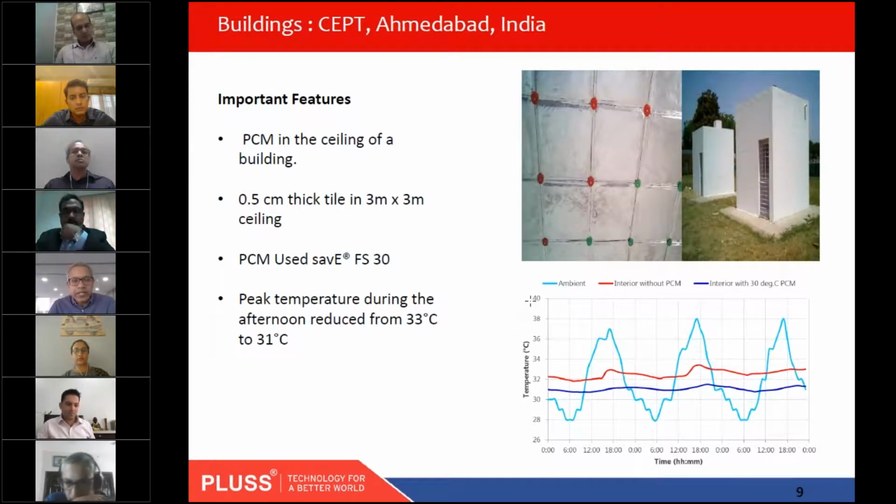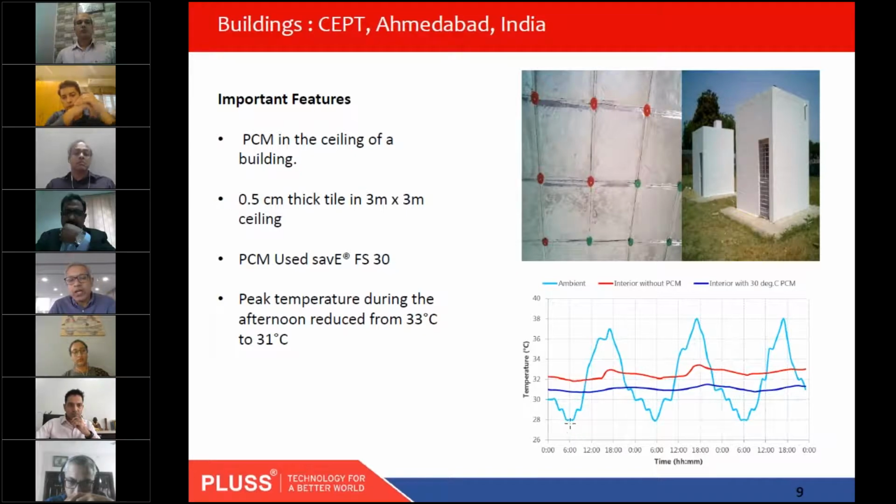This is a trial that was done in India. So most of these have been done outside India so far. In India, we have started experimenting. The first slide that I showed you for IIT Mandi, for example, this was done at CEPT in Ahmedabad. The PCM was installed inside the room, and the temperature that you see, the interior temperature is the dark blue color when you have phase change material, and outside temperature is the light blue color.